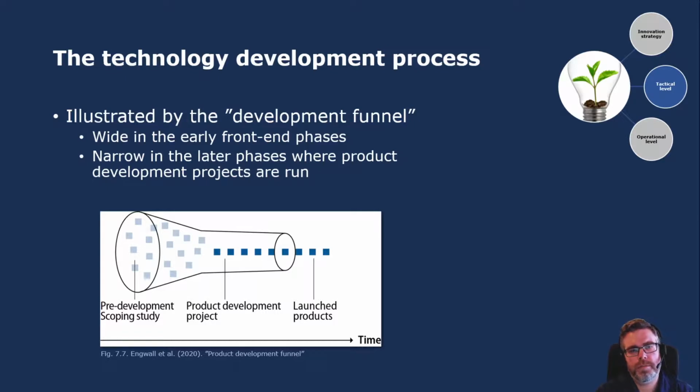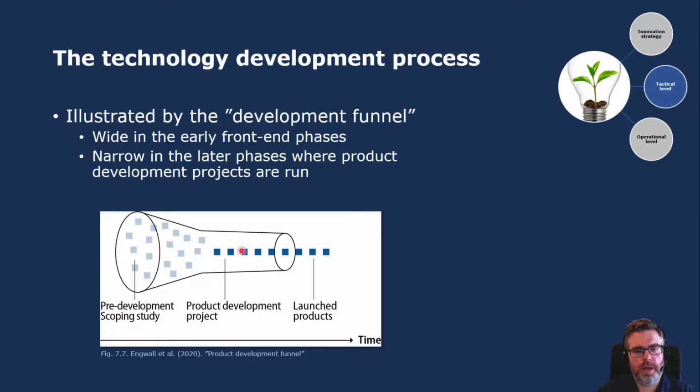And this funnel basically describes that in the earliest front-end phases, it's quite wide. So you will entertain a lot of different ideas. Some of them will become pre-development scoping studies. And over time, some of these will be removed. They are not feasible to start product development projects. But once you come over here, the funnel is more narrow and you have fewer product development projects started.